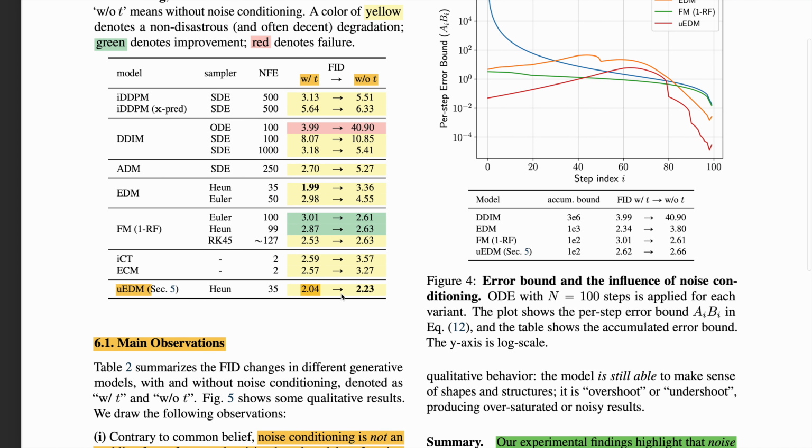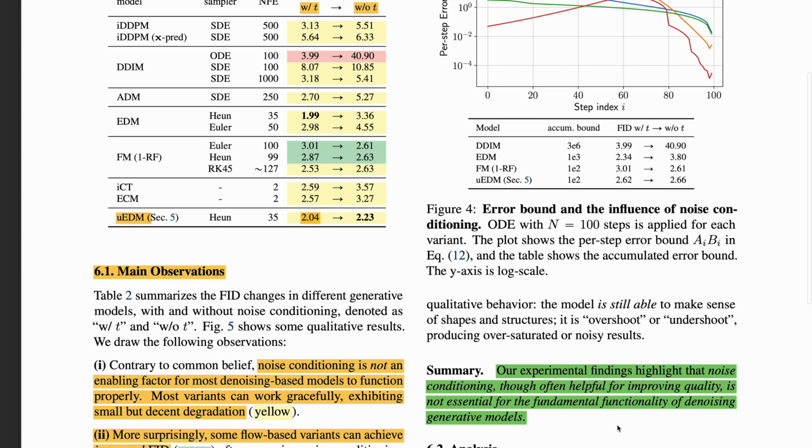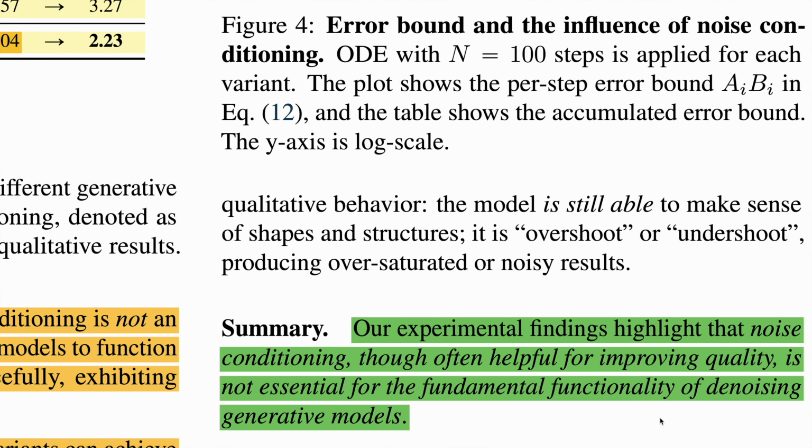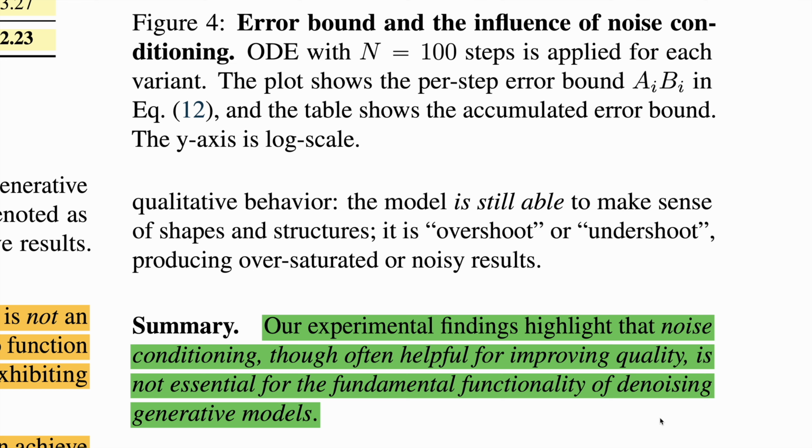Okay, so I would say that's it for this paper. The big takeaway: it's not really a technical paper with a lot of architectural or new development, but it's a very interesting paper, stepping back and challenging the status quo. They highlight that noise conditioning is often helpful for improving quality, but it is not essential. You can skip it.